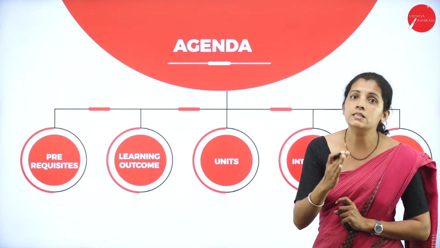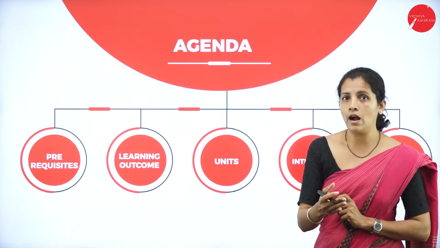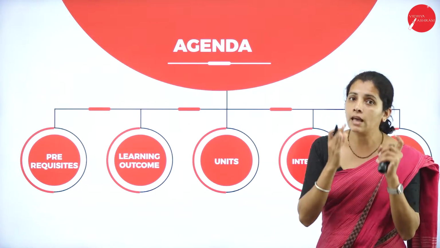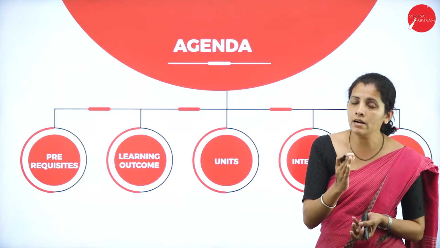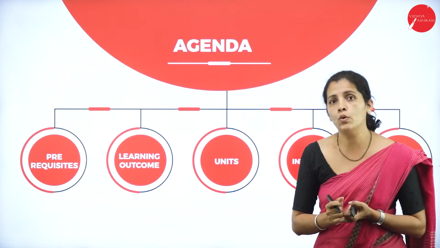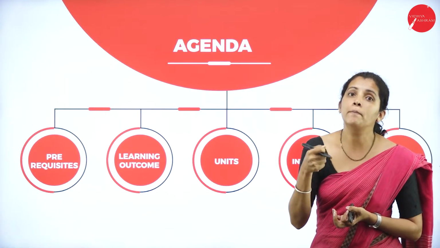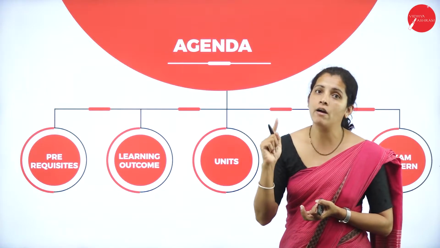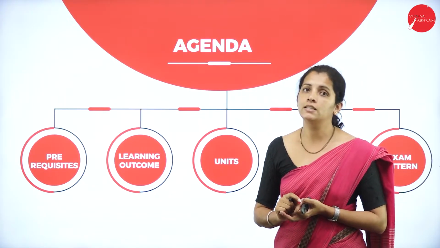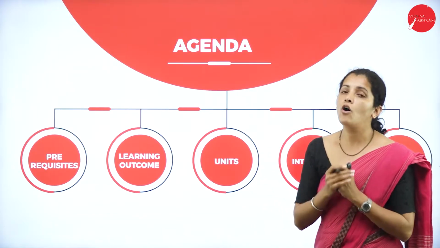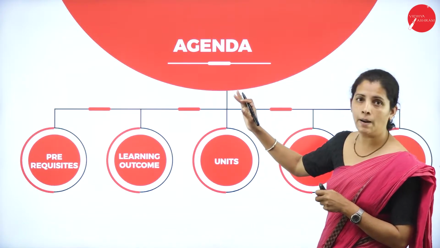Later, it was renamed Java in the year 1995. For that reason, whenever I search for the logo of Java, I get a coffee mug. So what is the logo of the Java programming language? That is nothing but a coffee mug. So this is all about Java.